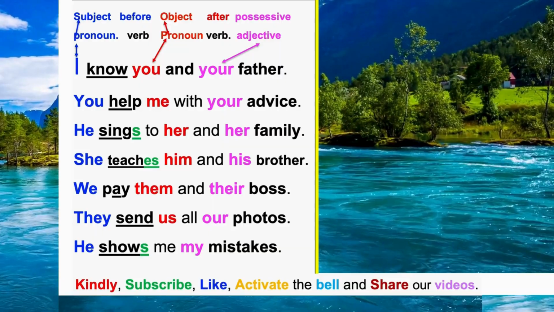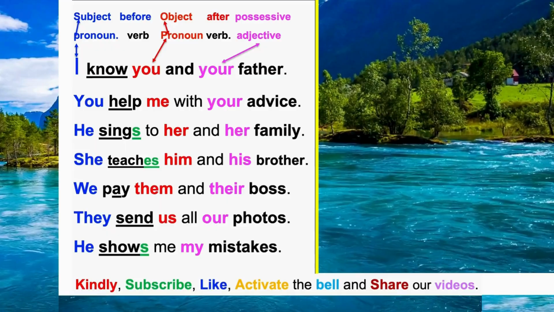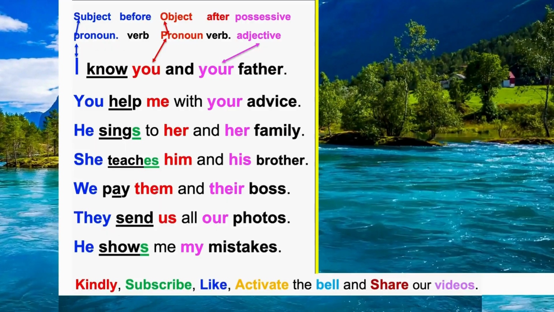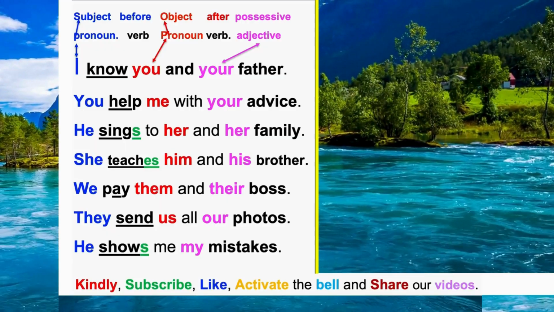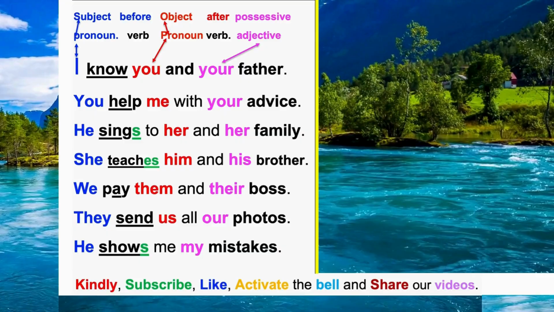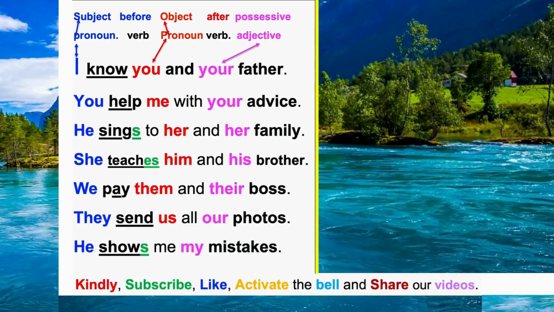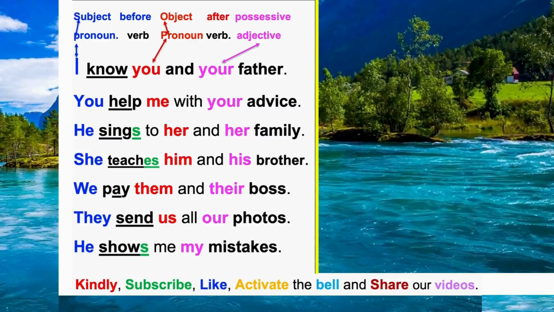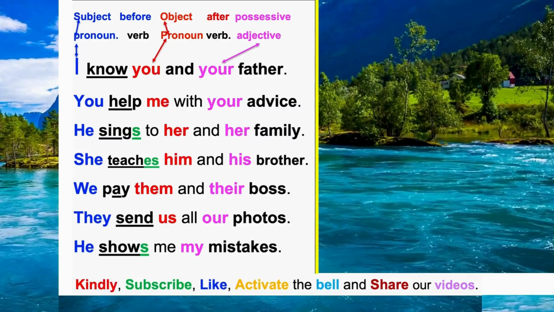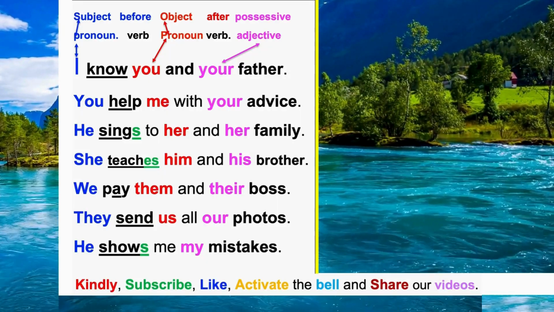Number 3. He sings to her and her family. So now we have her twice. The first her is an object pronoun. Why? Because it's after the verb. And the second one, the pink one, it's a possessive adjective because it is before a noun.